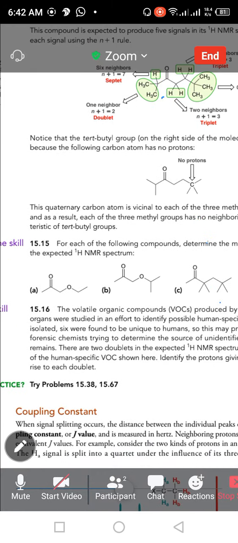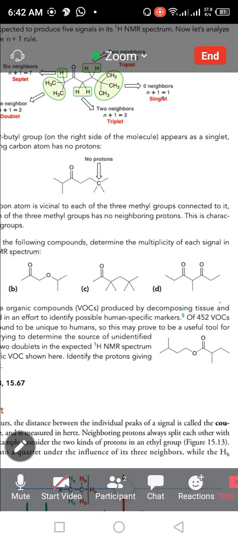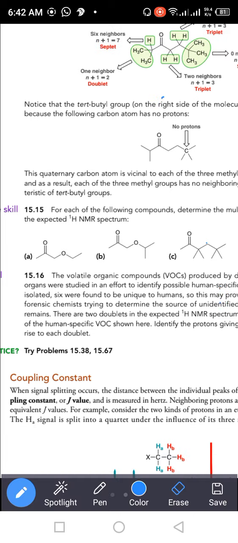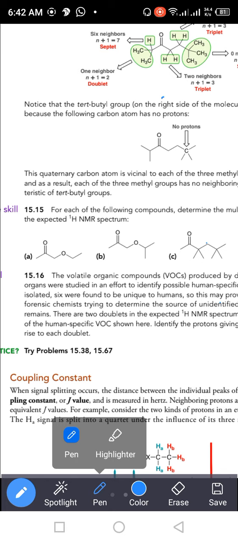For each of the following compounds, determine the multiplicity of each signal in the expected proton NMR. First of all, we will focus on the neighboring protons. This is the methyl. Methyl has 2 neighbor protons.